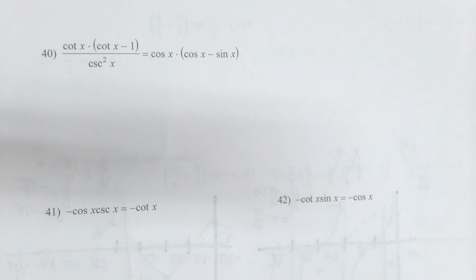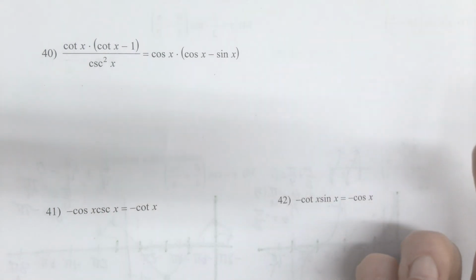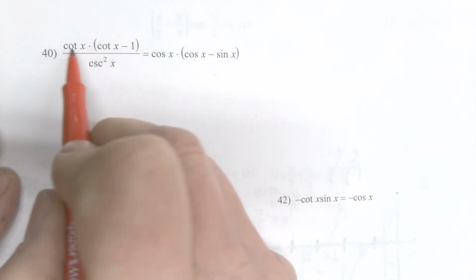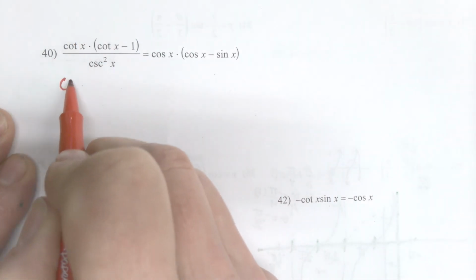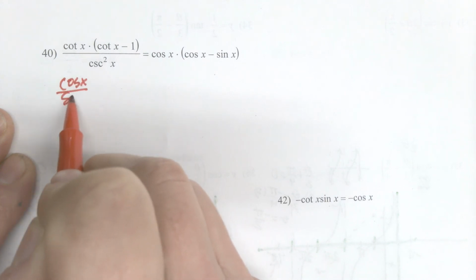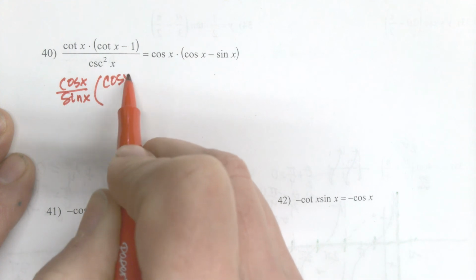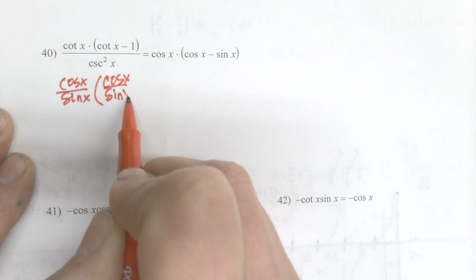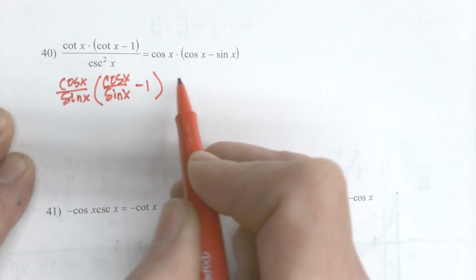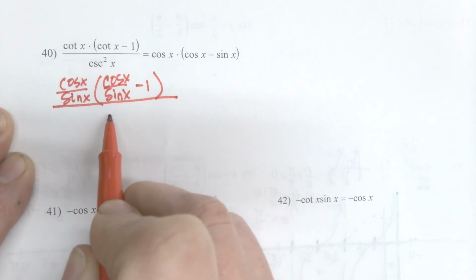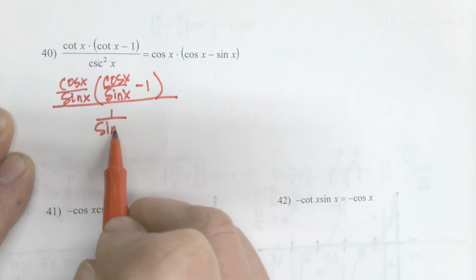And then 40, another identity. And again, so many ways to start. When you're new, I would say put it in terms of sine and cosine just to get yourself started. So here, this is cosine over sine times cosine over sine minus 1 all over 1 over sine squared.